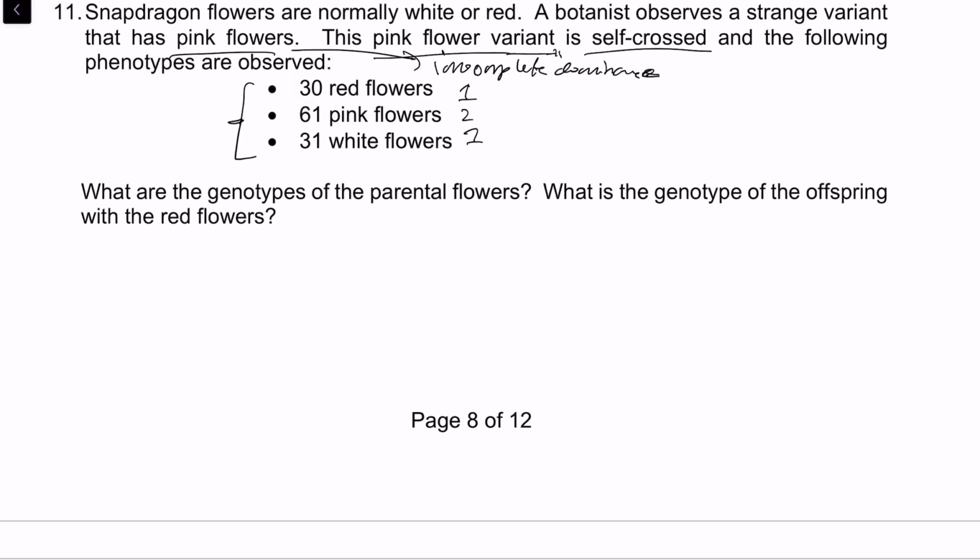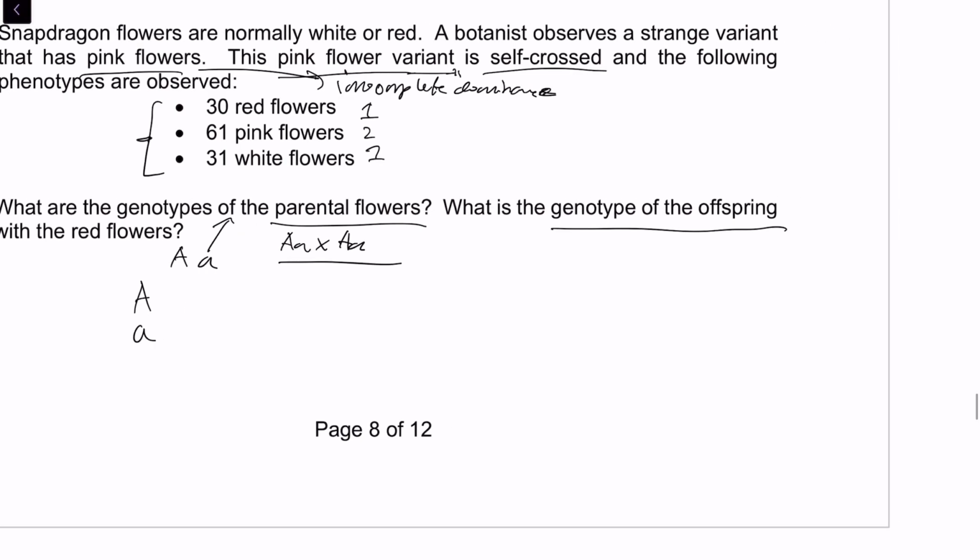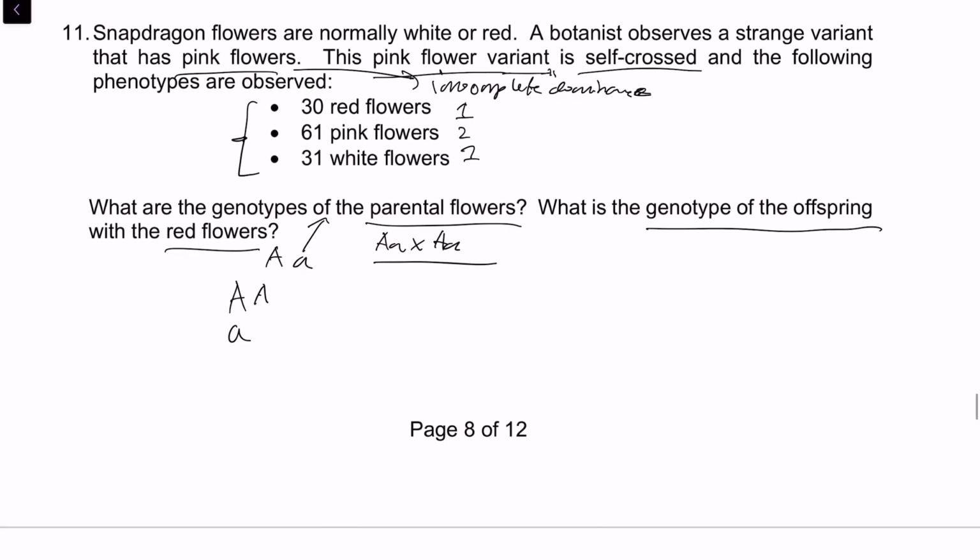But what we can know here is that we can definitively know that the genotypes of the parental flowers have to be heterozygous in order to show this 1 to 2 to 1 genotypic ratio, okay? So those are the genotypes of the parental flowers. Let's write that properly there. And the genotype of the offspring with red flowers are therefore going to be, we draw a Punnett square, okay?